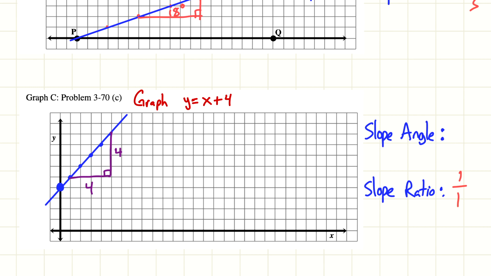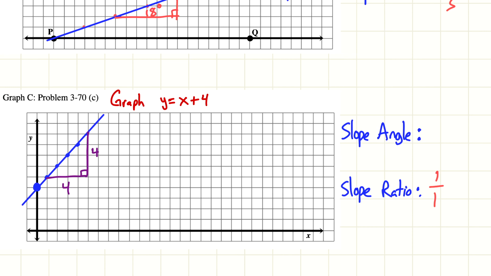Well, if this was 90 degrees and we cut that in half, we've literally cut that 90-degree angle in half. Well, what's half of 90 degrees? All right, so this is going to be 45 degrees.